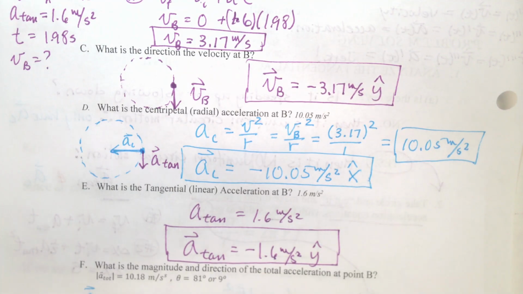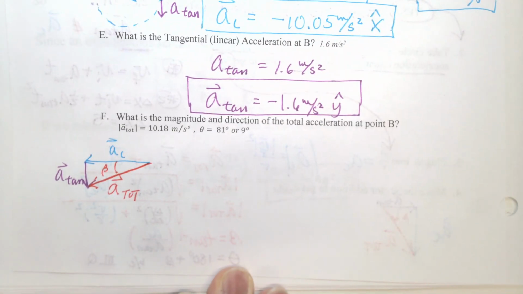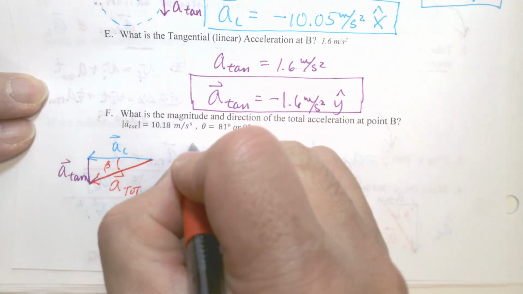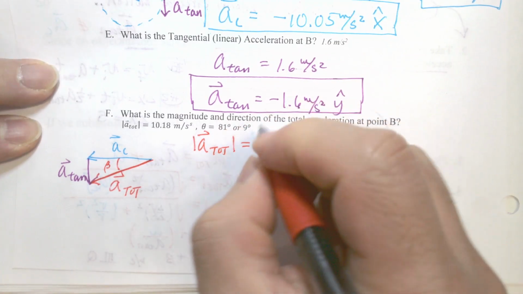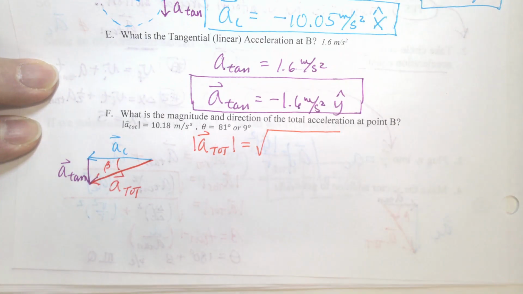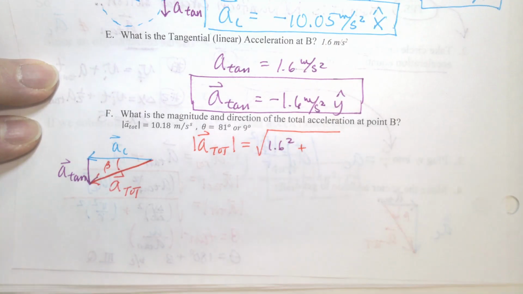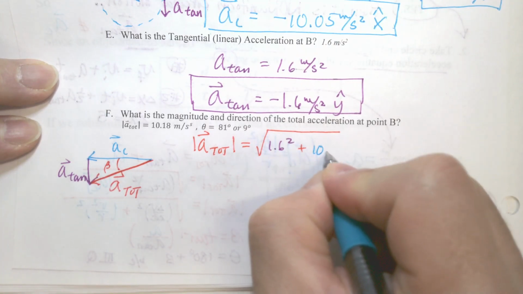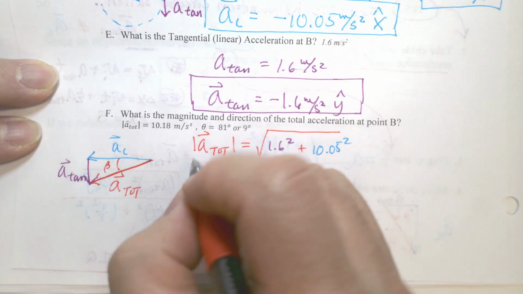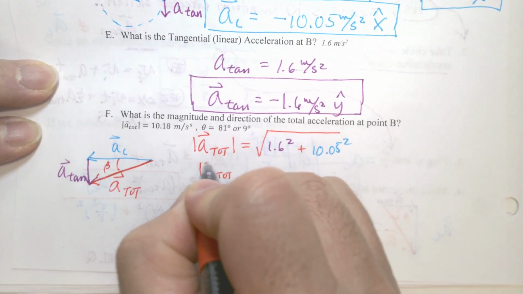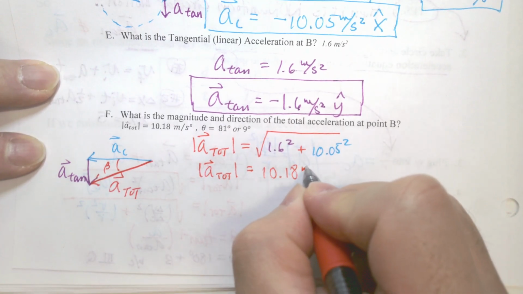Again, this is in the third quadrant. Therefore, when I calculate the magnitude of my A total, it is simply the square root of 1.6 squared plus 10.05 squared, and if you work that out, my A total magnitude comes out to 10.18 meters per second squared.